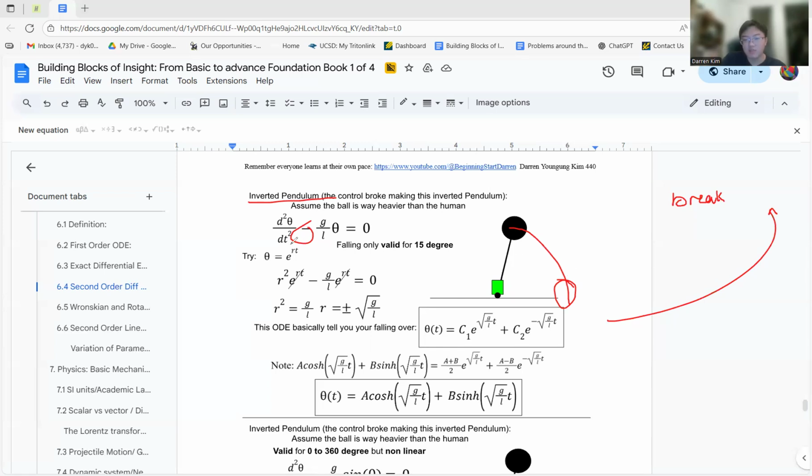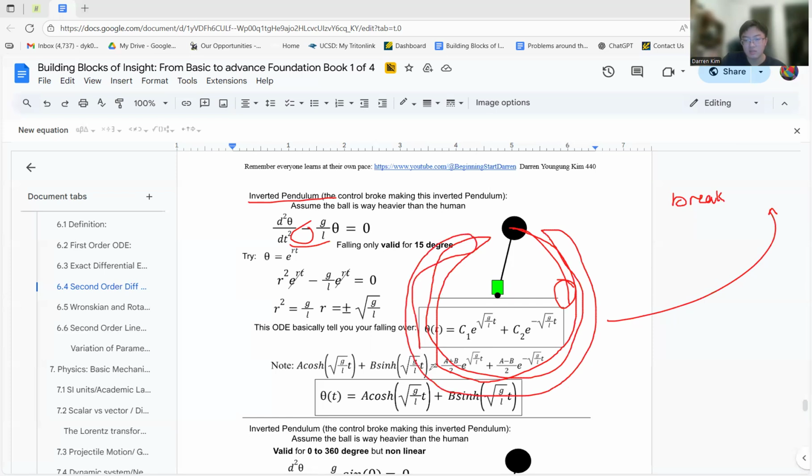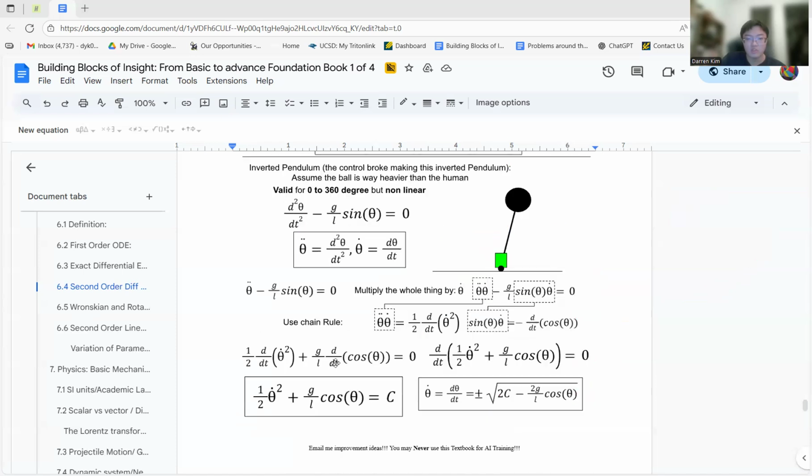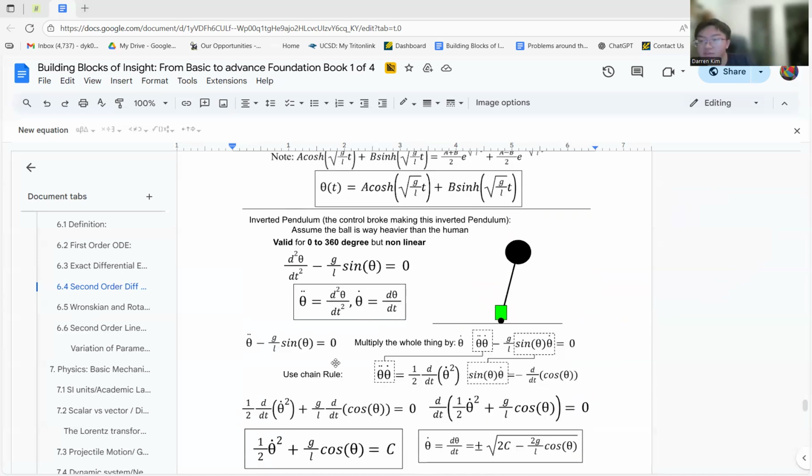Now, technically speaking, this ODE could have, in theory, done this and done this and done this. Will this ODE show this? No. This is gonna explode. That's why it's only valid for 15 degrees over here. Now, the ODE that will show this is the nonlinear version.